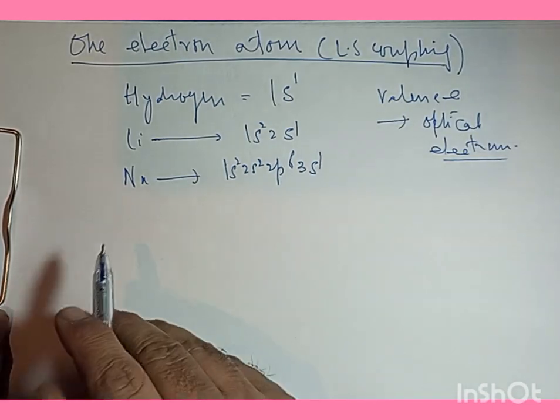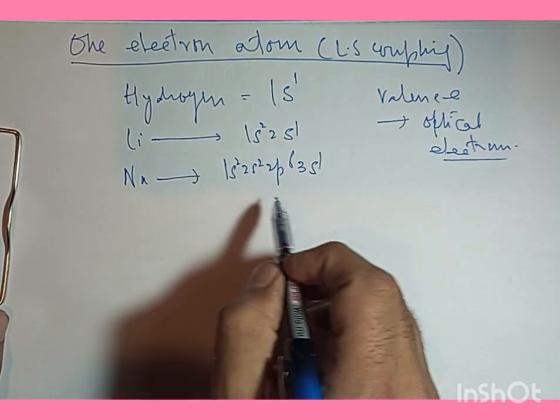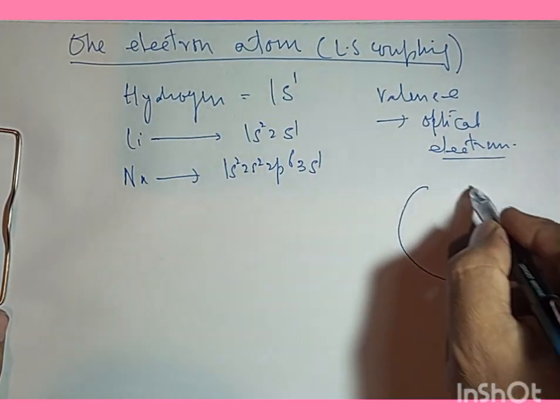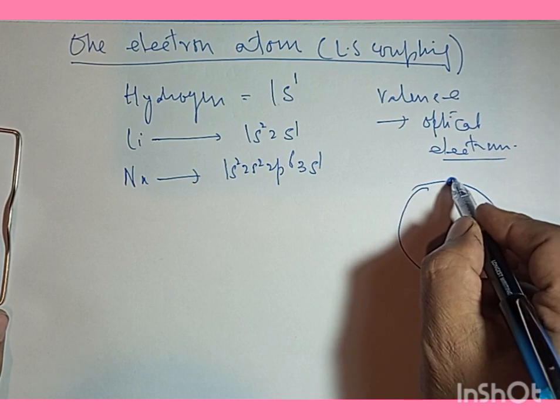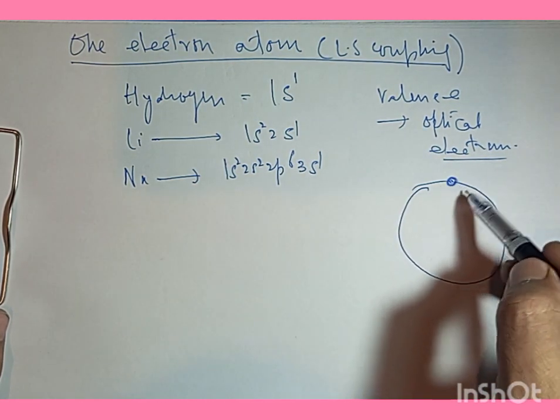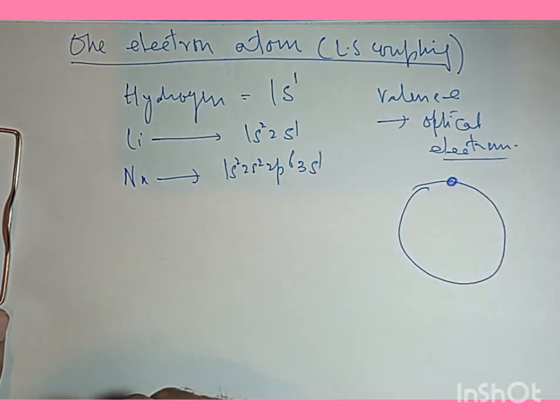And if we go in a very clinical way, we would say that in an atom we have an electron, and this electron has orbital motion, and due to the orbital motion this electron is linked with orbital angular momentum.